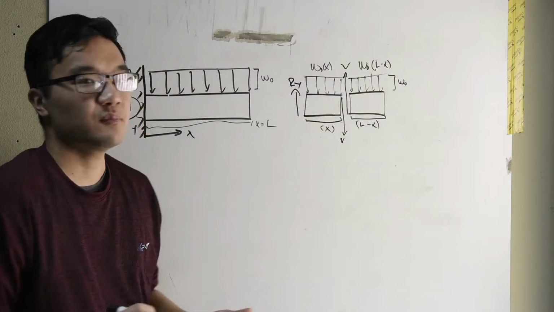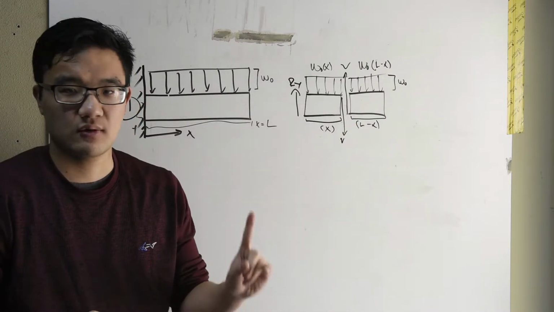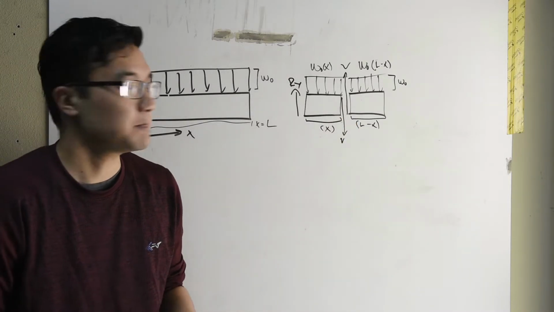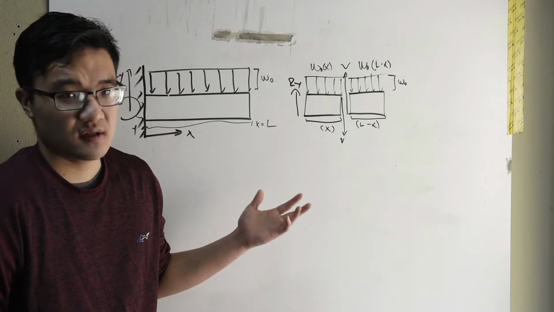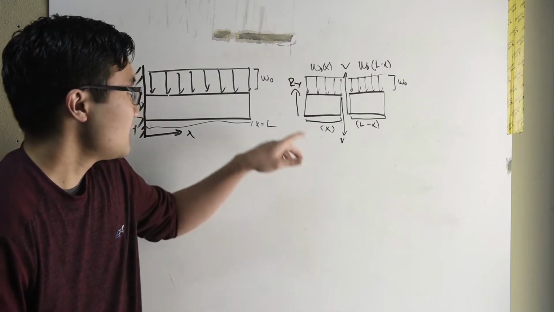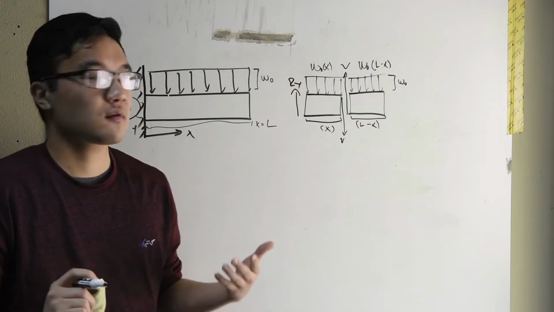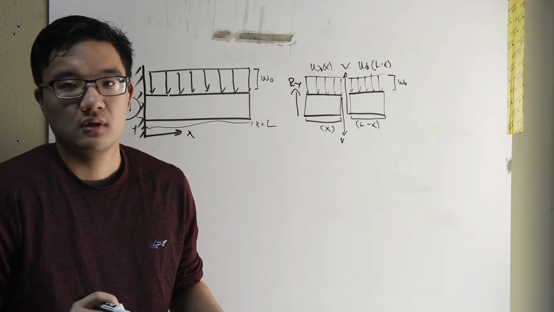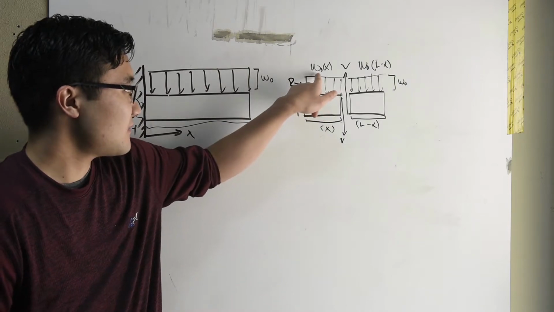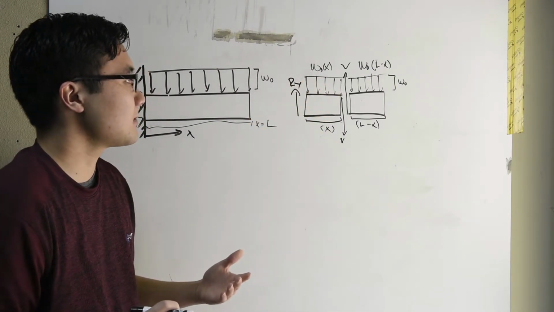Now you're asking, hey, why do you draw V on the right side going up and V on the left side going down? Well, first of all, the direction is determined by intuition. I know that W naught x is going to be less than Ry, therefore in order for it to be in equilibrium, shear probably has to act down in order to supplement this force and have this force sum, which we're going to do in a bit, equal to 0.